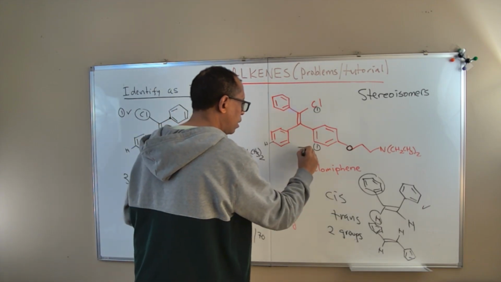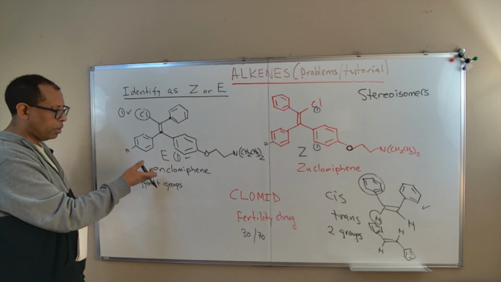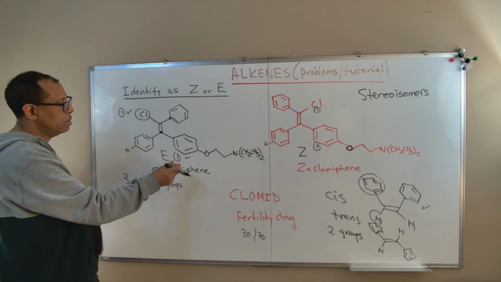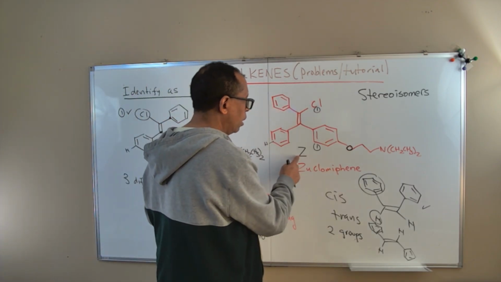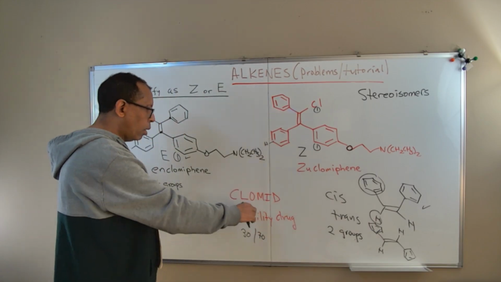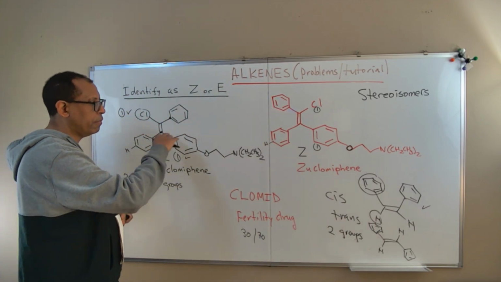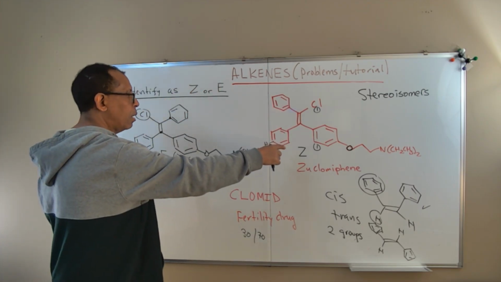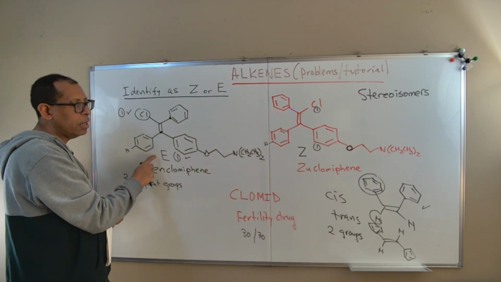Therefore, this is Z. So this is the E. From the name itself, it's indicating that enclomiphene is the E. Zuclomiphene is Z here. So Clomid is sold as a fertility drug as a mixture of E and Z, where you have about 30% Z and the rest as E.